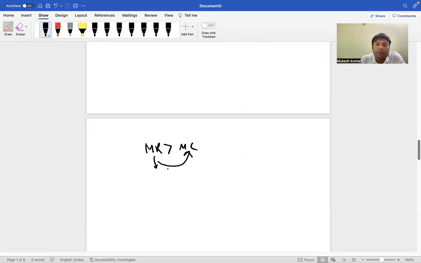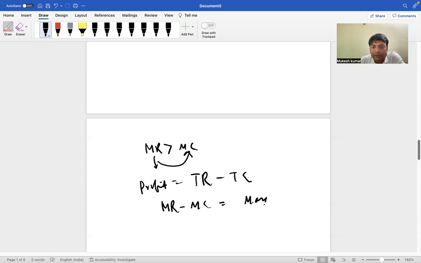So what will the monopolist do? The monopolist will increase the output. Because if we start from profit, profit is total revenue minus total cost, and marginal revenue minus marginal cost is marginal profit.